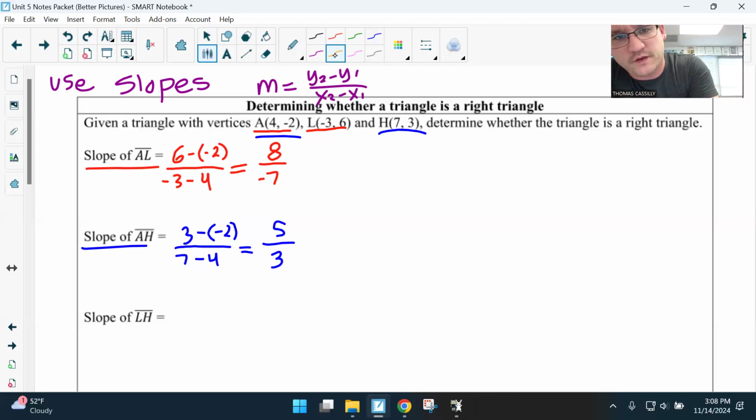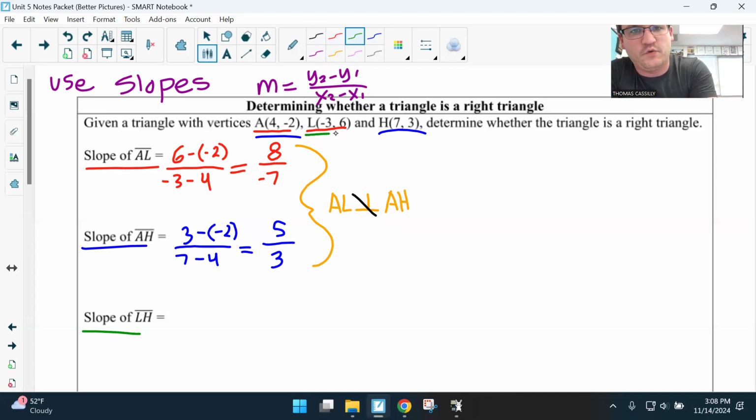So here, I'm just going to write that. AL is not perpendicular to AH. Now, we got one more. Check the slope of LH. So I need point L, and I need point H. So I got 3 minus 6 on top, and then I have 7 minus -3 on bottom.